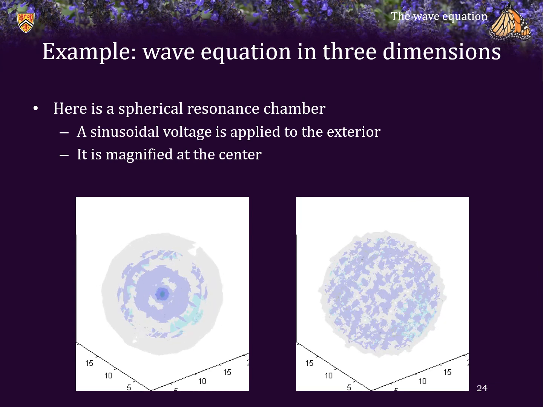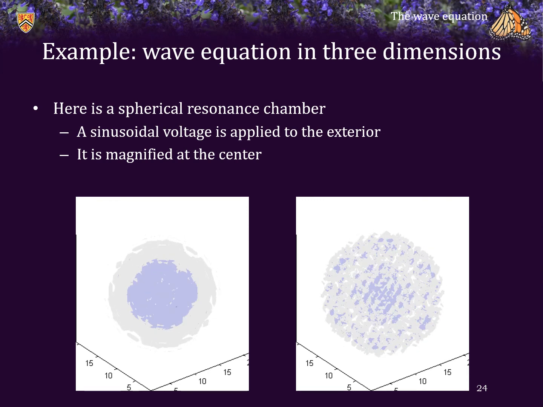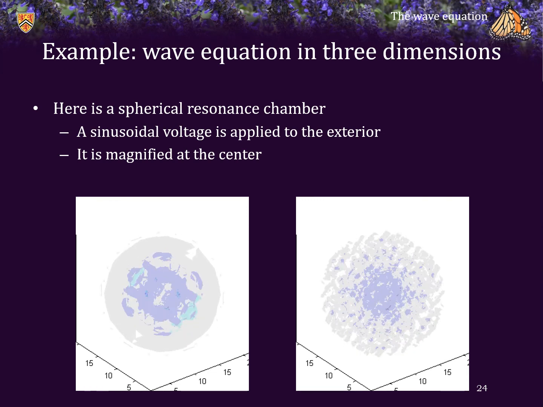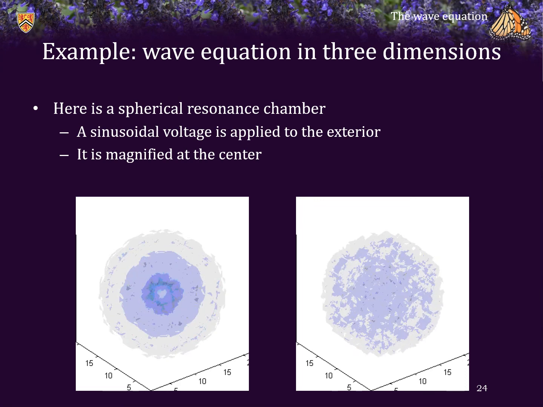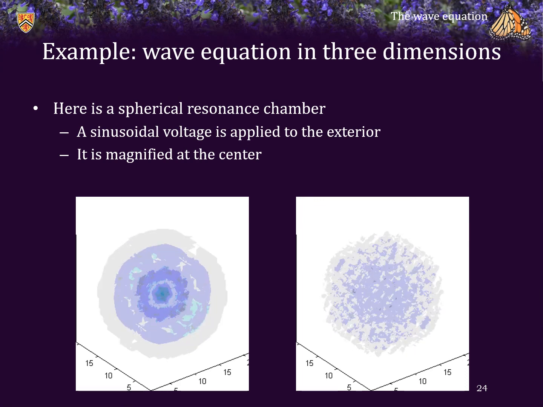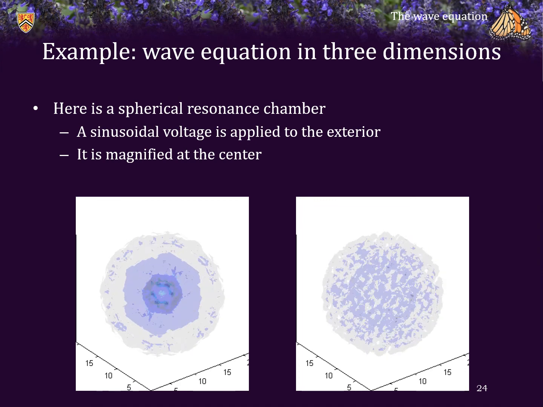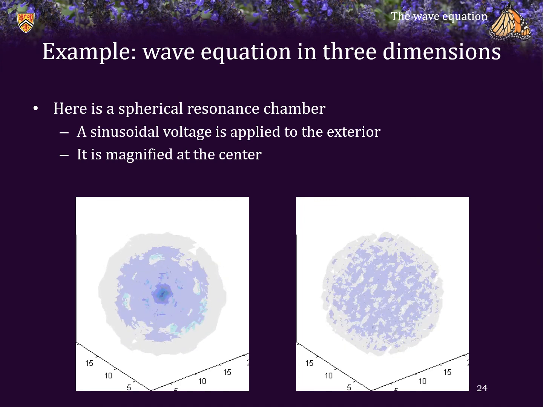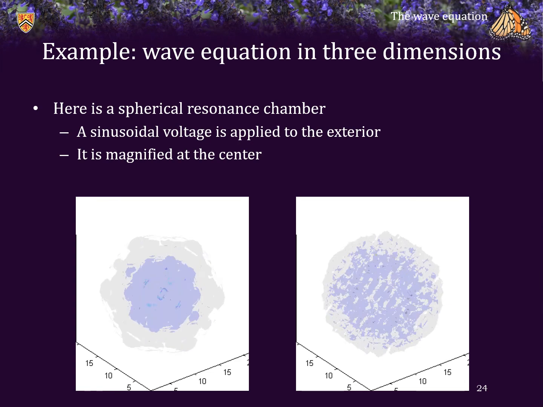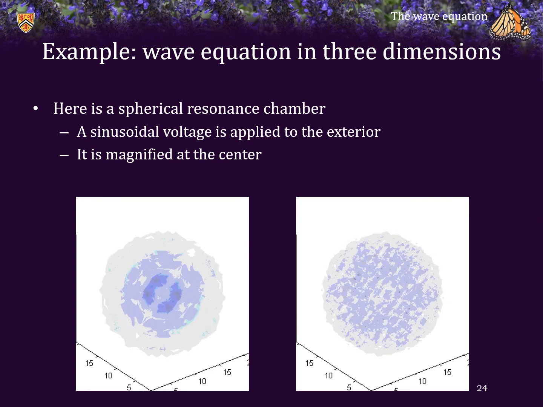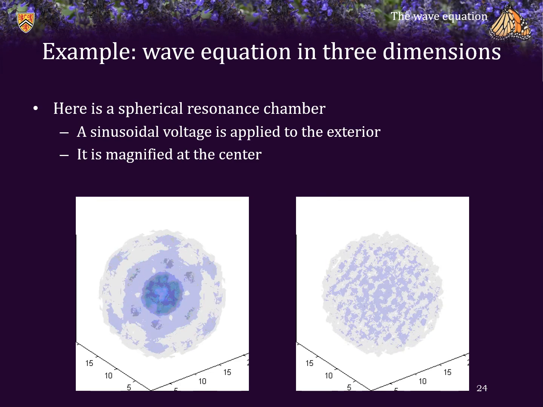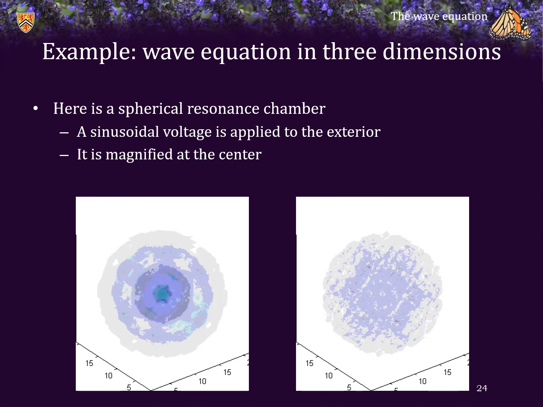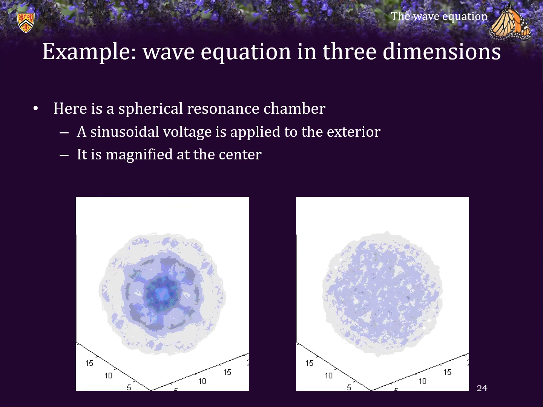On the right-hand side, on the other hand, the frequency is off for this particular diameter, and therefore you can see that there is, yes, a voltage throughout the interior of the sphere, but there is no significant magnification. So this is something you will be looking at in your fourth year courses. However, here we're simulating it.